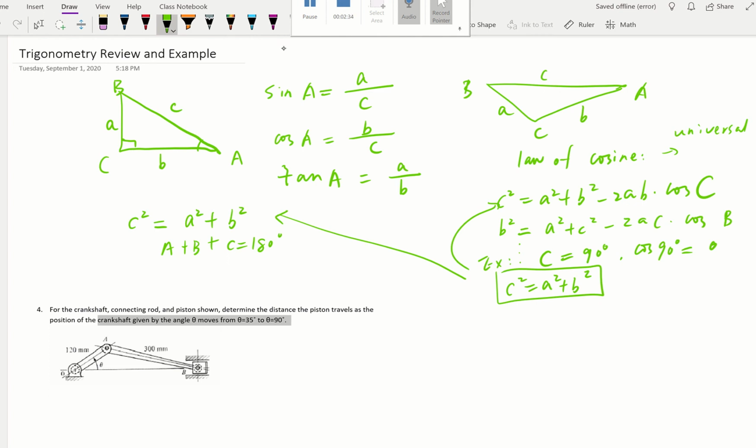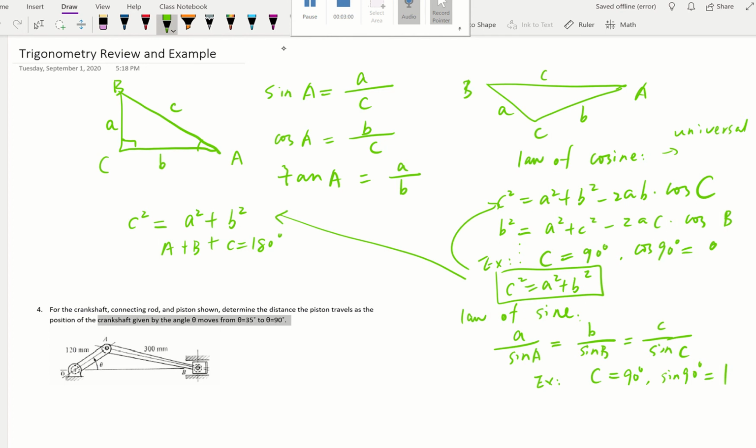Now, how about the law of sines? The law of sines says a over sine A, then this over sine of that angle, b over sine B, equals c over sine C. Same thing, look at a special scenario. If this angle C is 90 degrees, what's sine 90 degrees? 1.